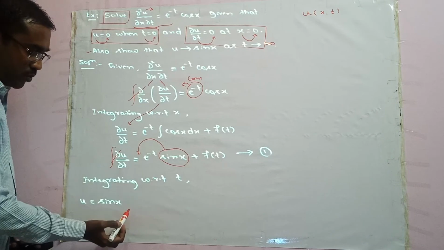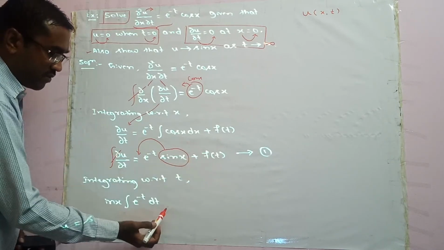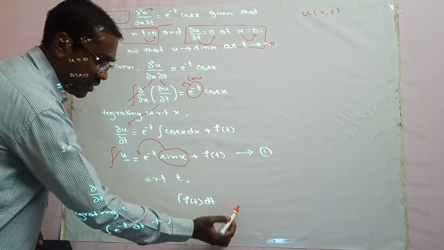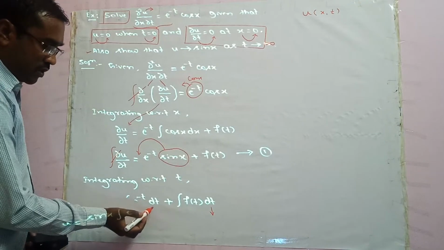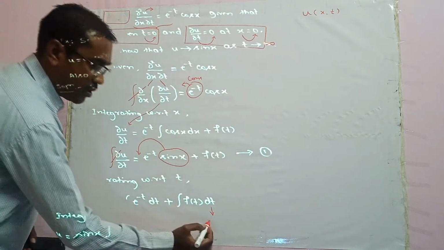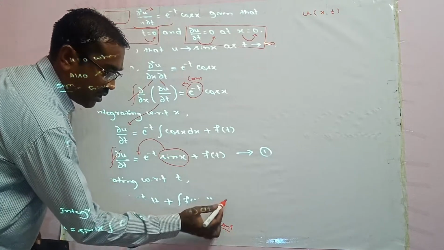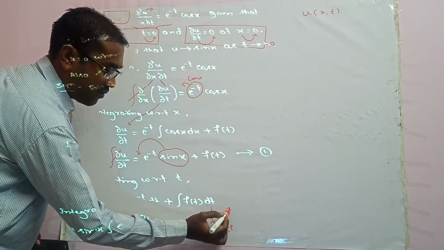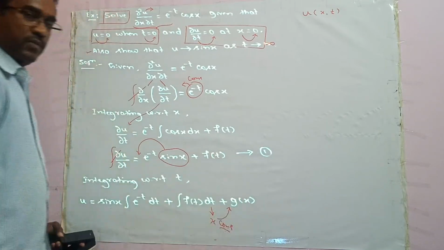Integration of e to the power minus t with respect to t plus integration of f of t plus integration constant. Since we are integrating with respect to t, your x is constant. Therefore, the integration constant here will be in terms of x. Let us take that as g of x.